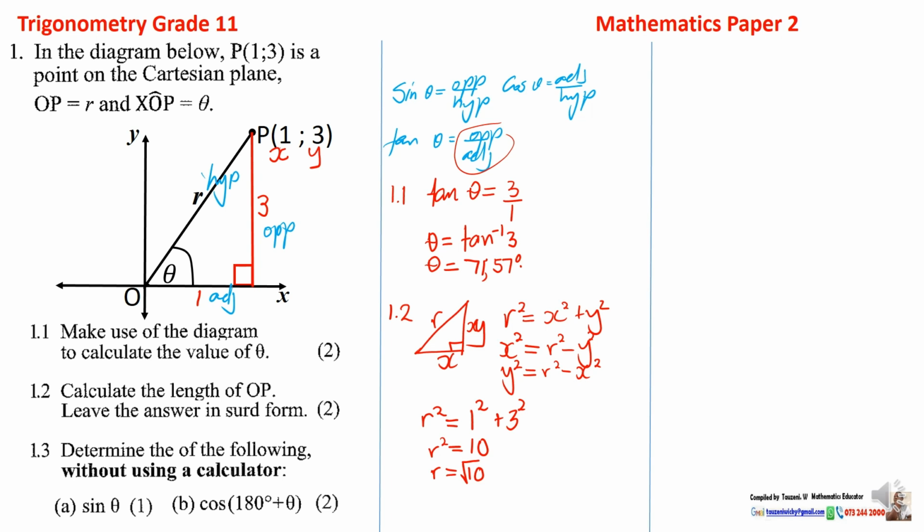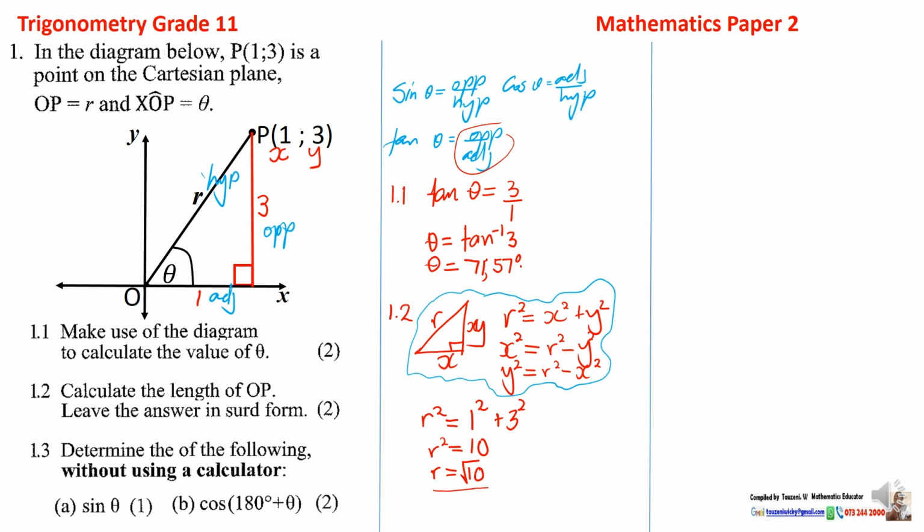Therefore, r is equal to positive root 10. That answers number 1.2. So the idea that is important here that we are reminding each other is that when given two sides and you want to calculate the third one, we can apply the theorem of Pythagoras.